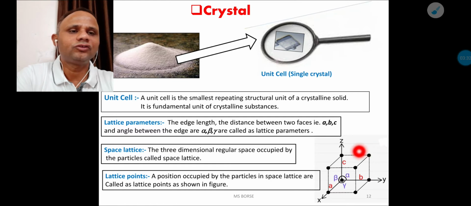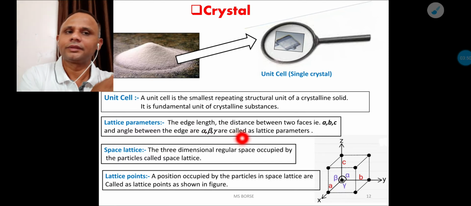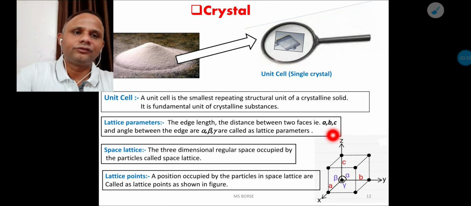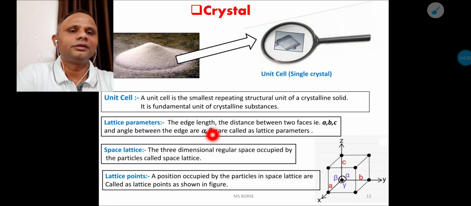These parameters are called lattice parameters, that is, the parameters which help to analyze the lattice, that means the crystal. The lattice parameters are the edge lengths, that is, the distances between two faces, assumed as a, b, c, and the angles between two edges or faces, represented by the symbols alpha, beta, gamma.